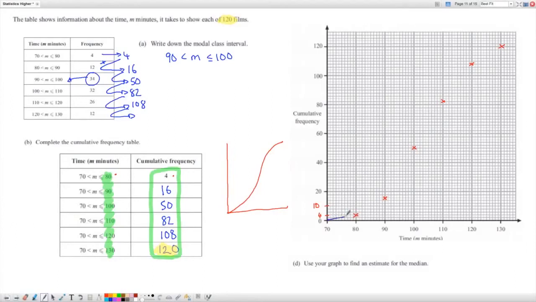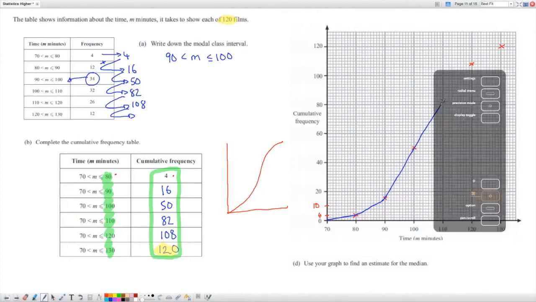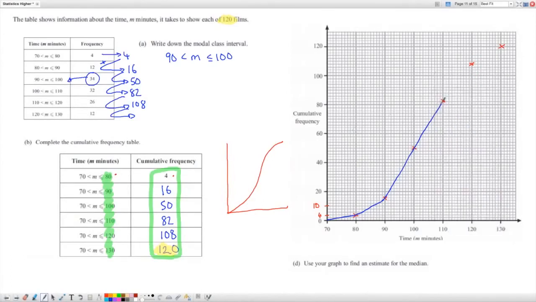You need to make sure you go through all of the points shown here on your cumulative frequency graph. Through your points up to here.